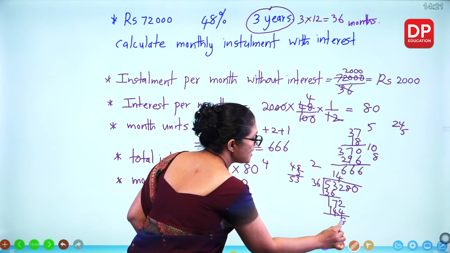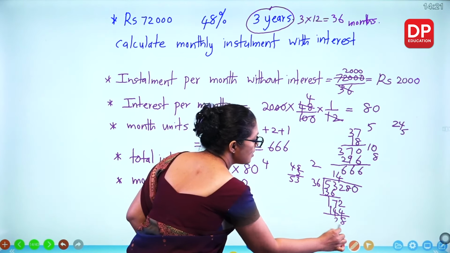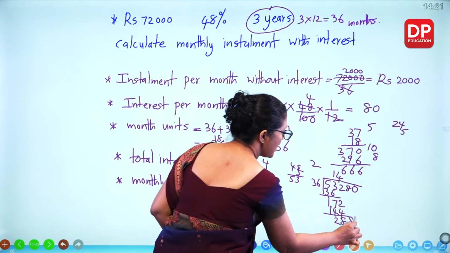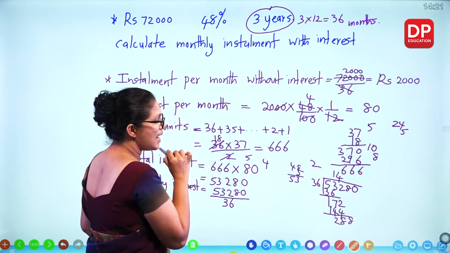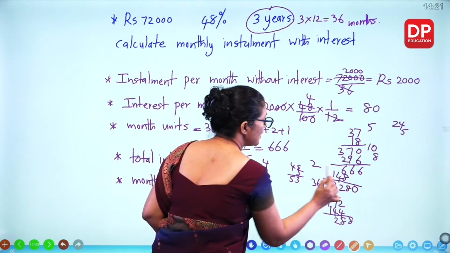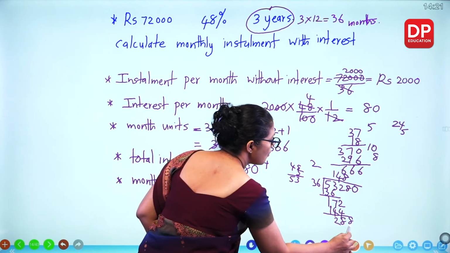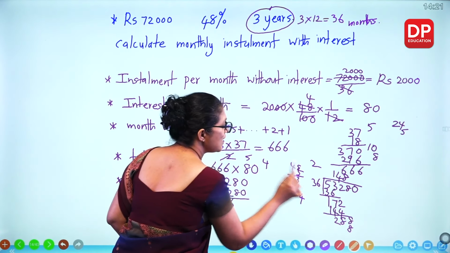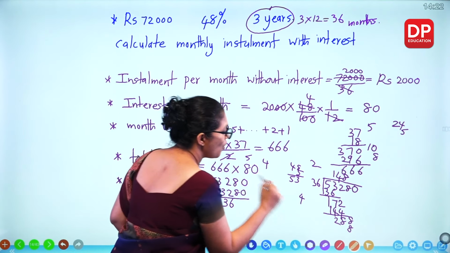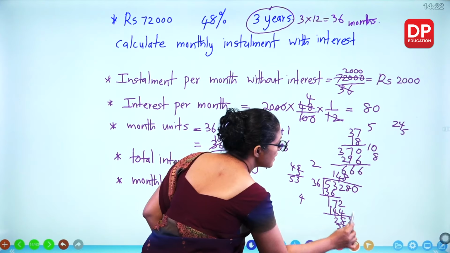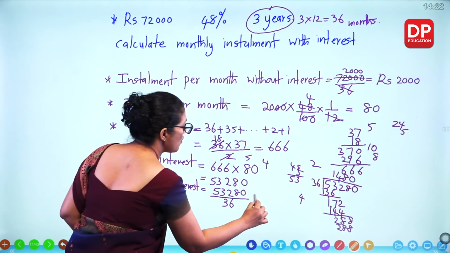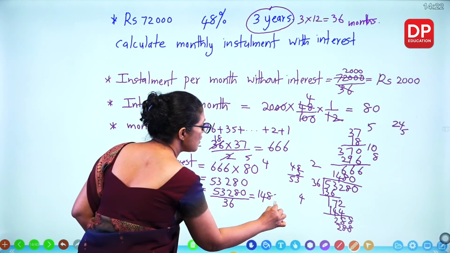So you get 8 and 28 remaining. Then the next digit is 8. For 288, 8 times 6, 48. 4 remaining. 8 times 3, 24. 24 plus 4, 28. So 1,480 rupees.